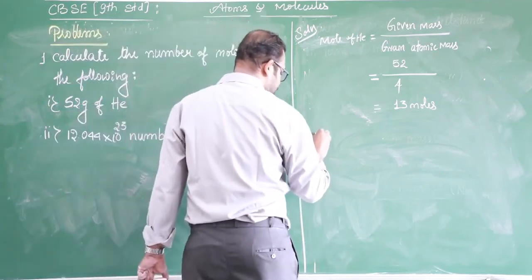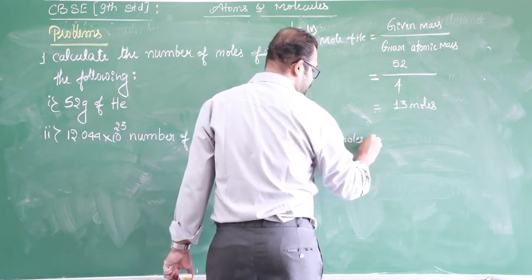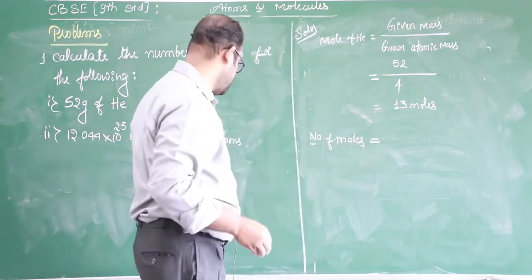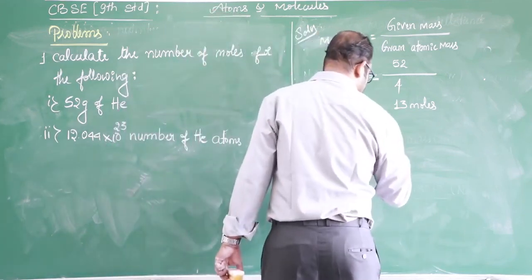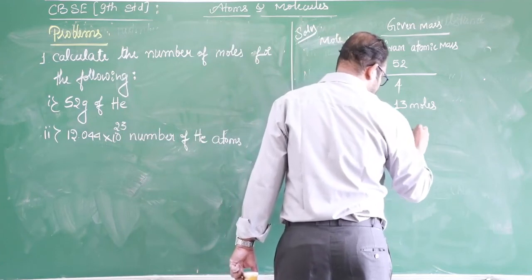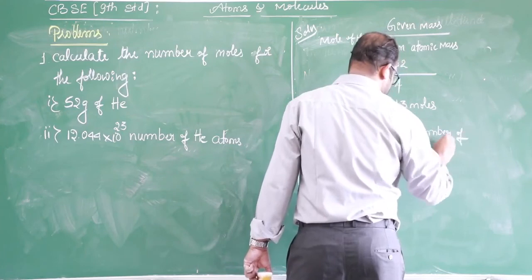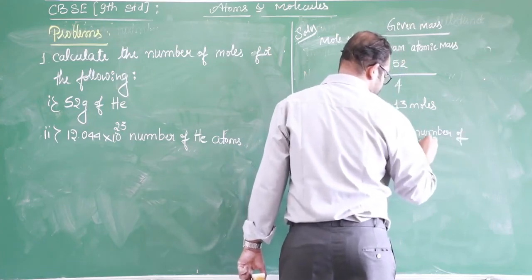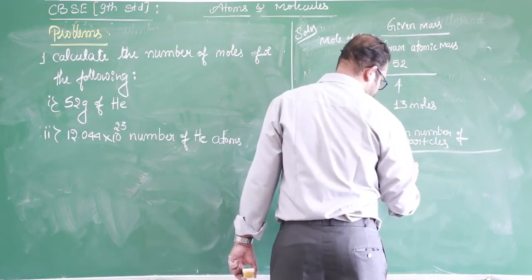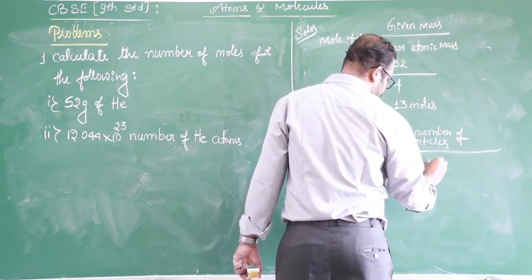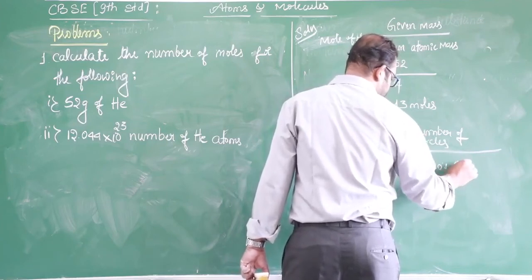So the number of moles of helium is the given number of particles by Avogadro's number.